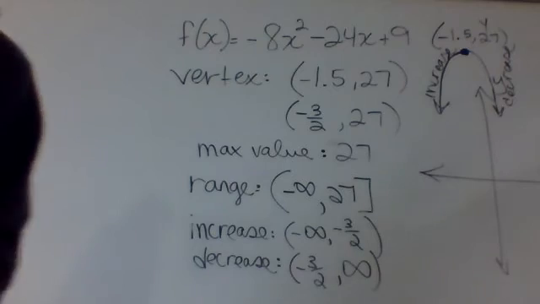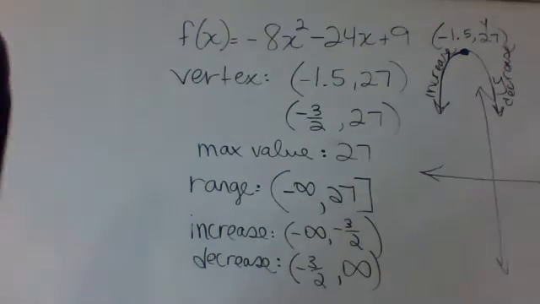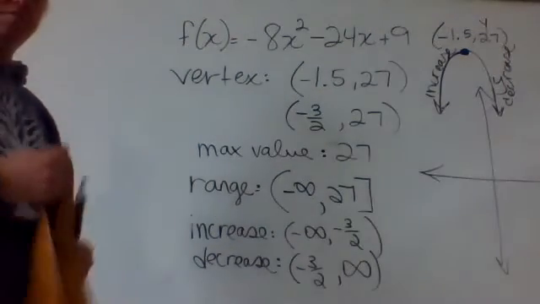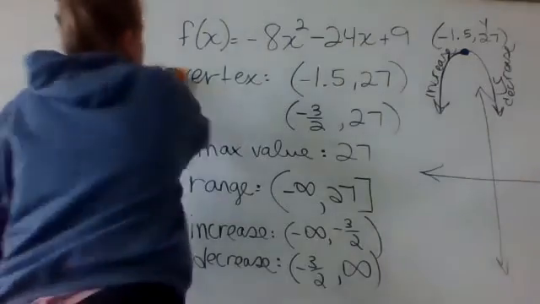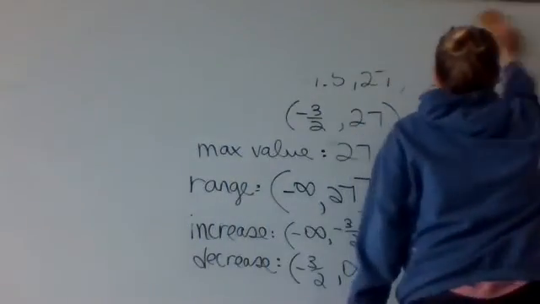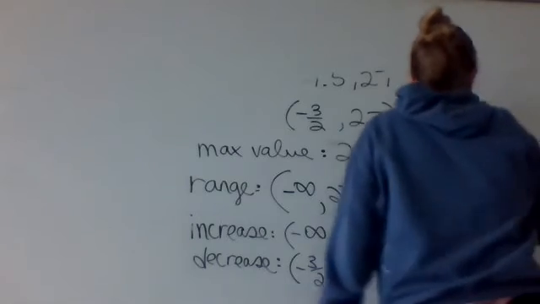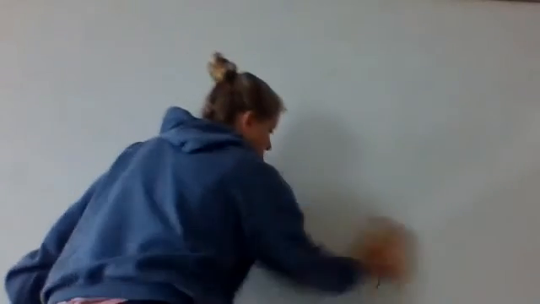Okay, last one, and I know I'm going a little over, and this one doesn't take as long. This one is a word problem. It says a toy rocket is shot vertically into the air from a launching pad 3 feet above the ground with an initial velocity of 40 feet per second.